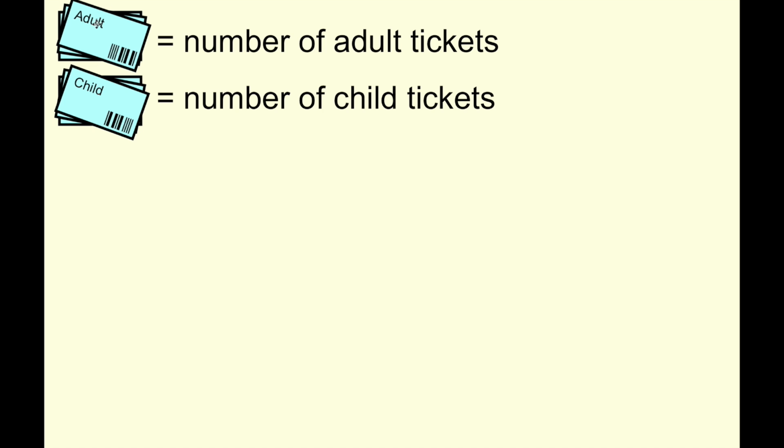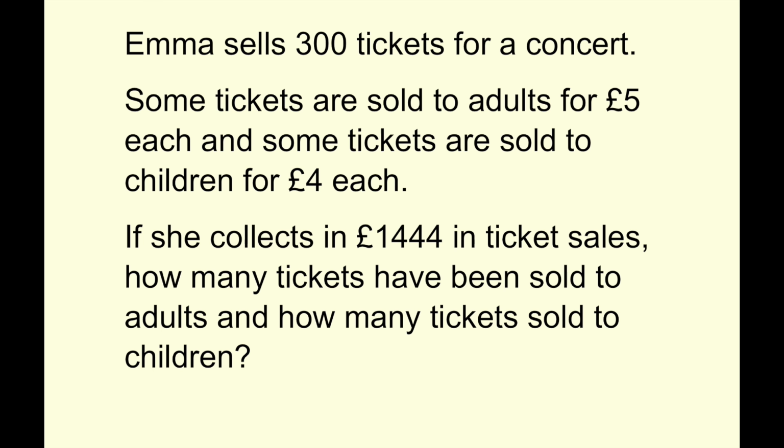So what we're going to do is look at what's going to represent the number of adult tickets and what's going to represent the number of child tickets. So let's just go back to the information that we've got here.